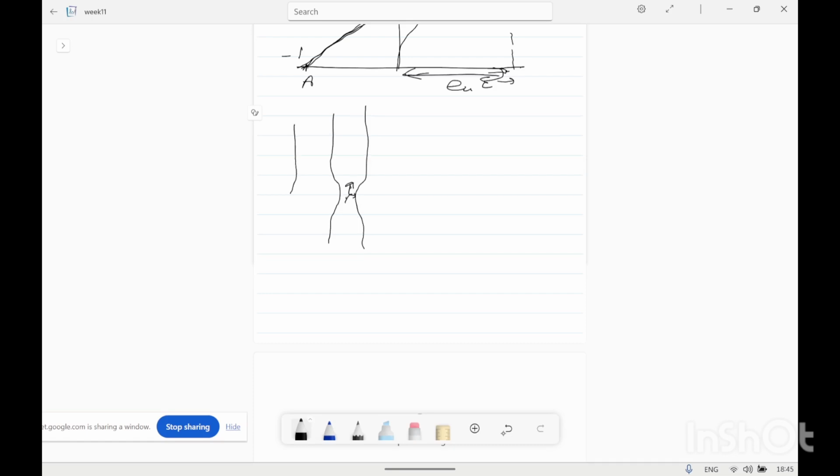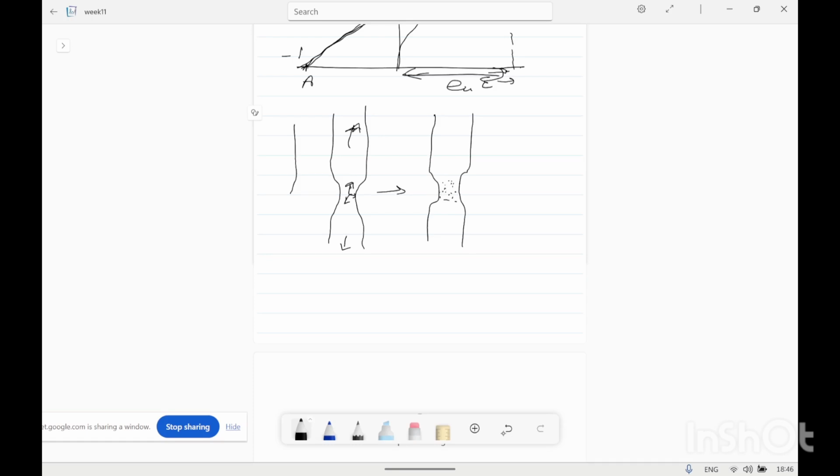So due to necking, a triaxial stress state generates at the necking region. This is the loading direction. So with the deformation, small voids will start to form at the region.